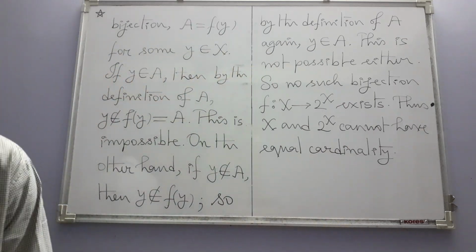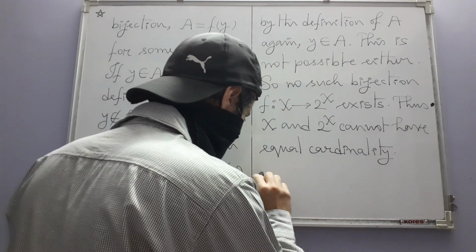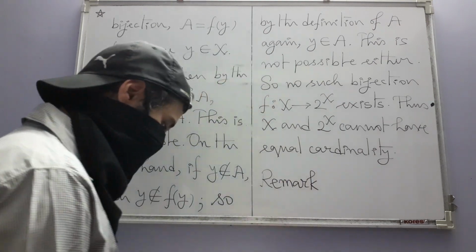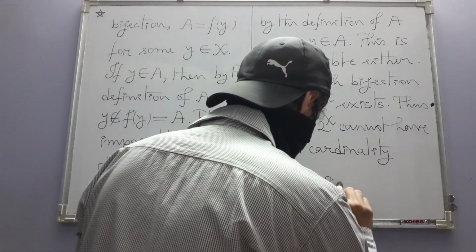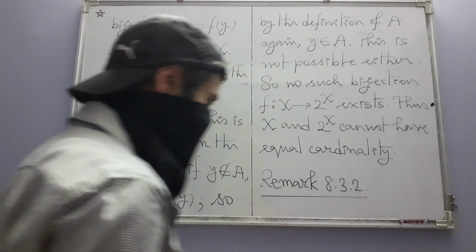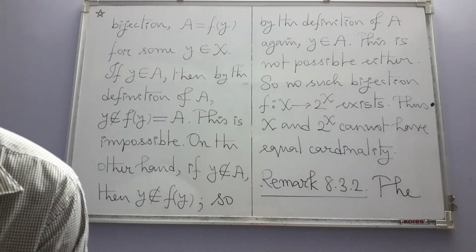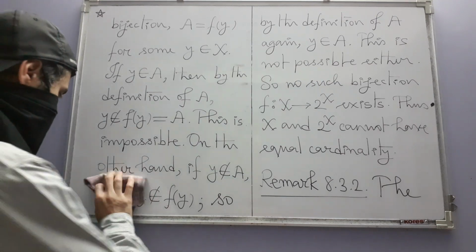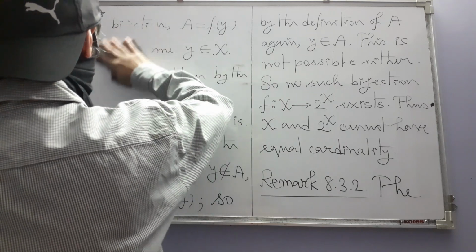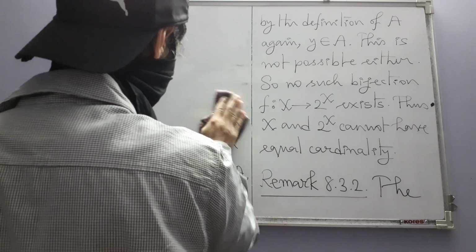Now after this there is a remark. Let me just write it, I can say it also, but still let's just see what the author has written. The remark is this: the reader should compare, so you can see, this proof must have reminded you of something.